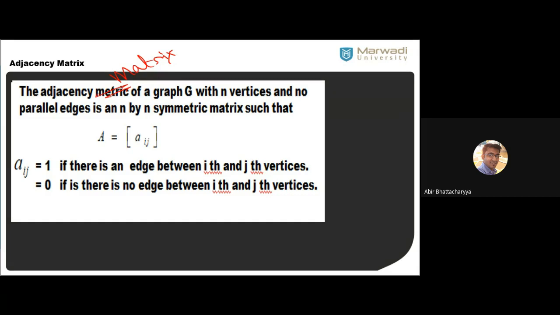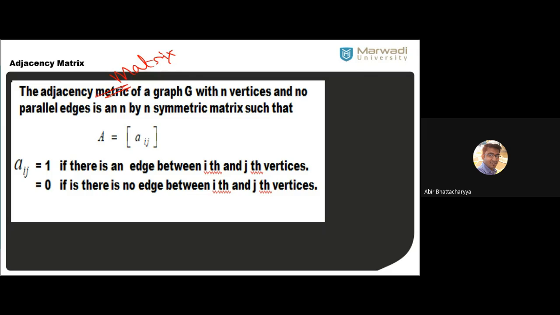Let's proceed. What is an adjacency matrix? As given here, Aij is the notation of the matrix. Aij means the element of the ith row and jth column. You know all that.